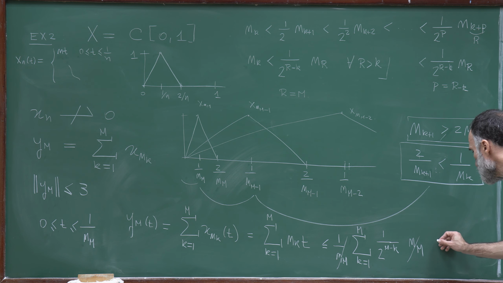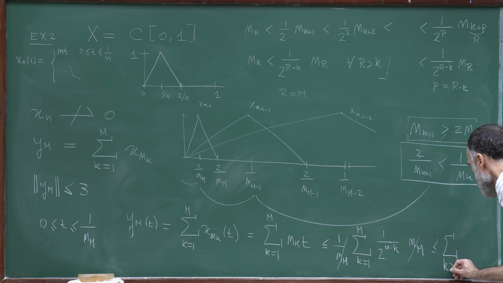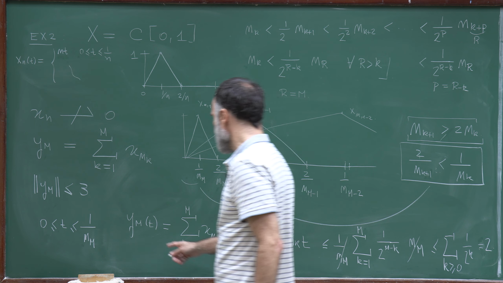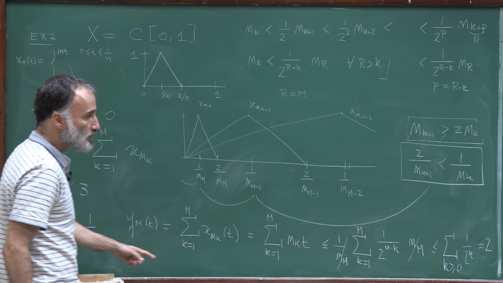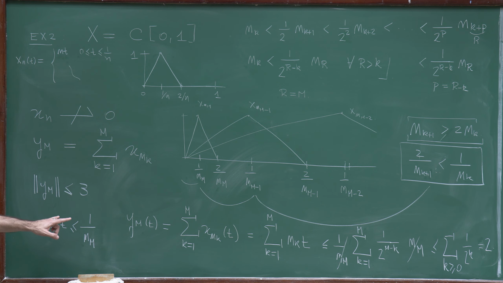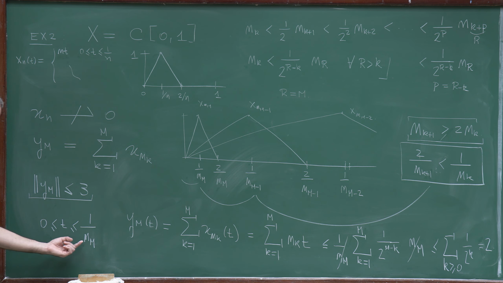So this is bounded by the sum for k larger than 0 of 1 over 2 to the power k, and this is equal to 2. So this proves that y m of t is bounded by 2 in this interval. So this is my first claim. Okay, so we proved already this bound in the interval 0 to 1 over n m.